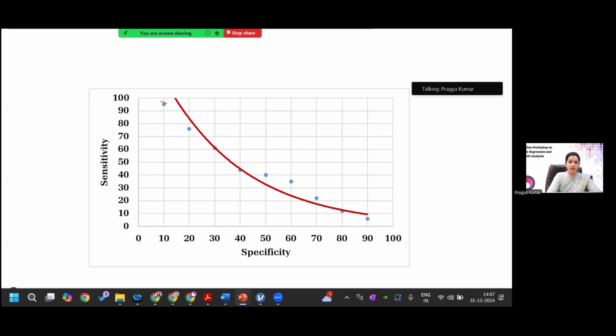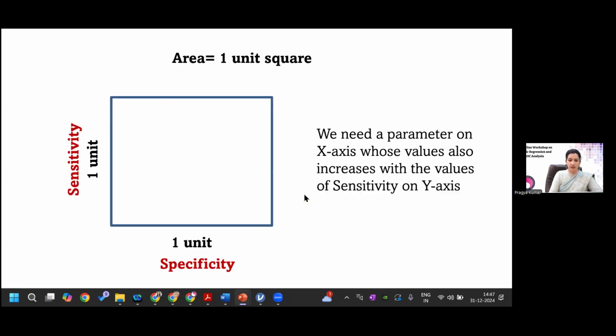What are these points? These are the sensitivity and specificity at each cutoff. This is at 20. This is at 30. So at each cutoff, the software calculates the sensitivity and specificity and plots a point, and then a line is drawn like this. So this is how a ROC curve is made.